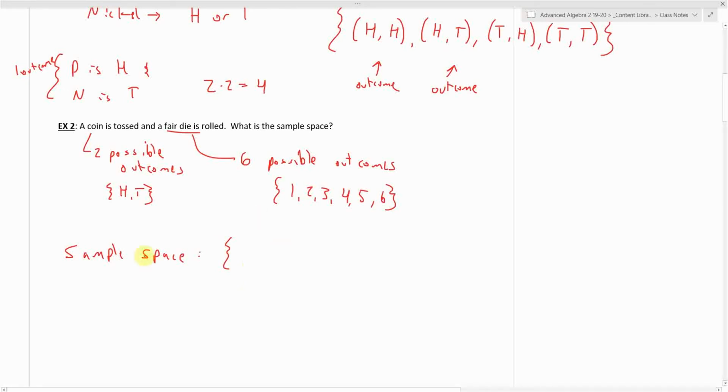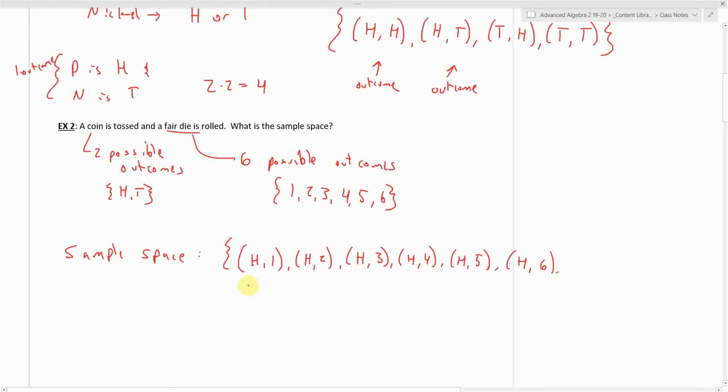So one possible outcome is that I got heads on the coin flip with a 1 on the die. I also might have gotten heads with a 2 on the die. I also may get heads with 3, heads with 4, heads with 5, or heads with 6. Those are all possible outcomes where the coin lands on heads.